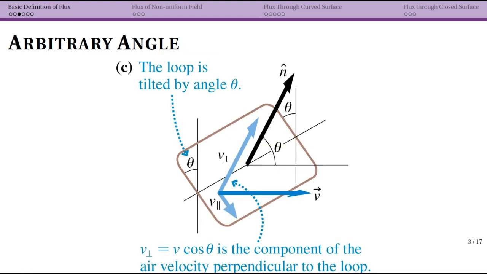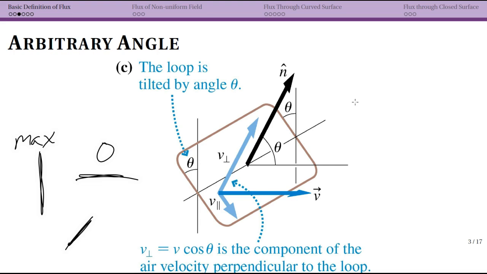Now, we could actually pick some random angle, and this is when it starts to get very tricky to represent as a three-dimensional problem. Instead of our loop being vertical, where it was max, or horizontal, where it was 0, we can pick some angle in between.